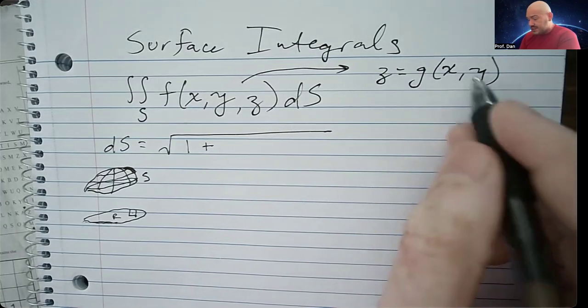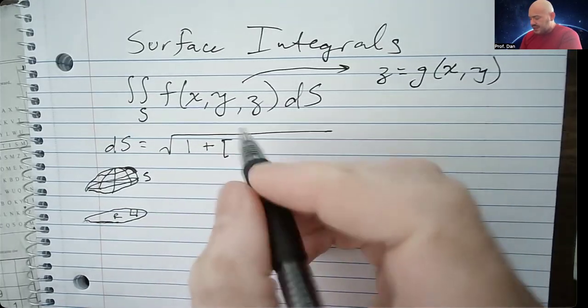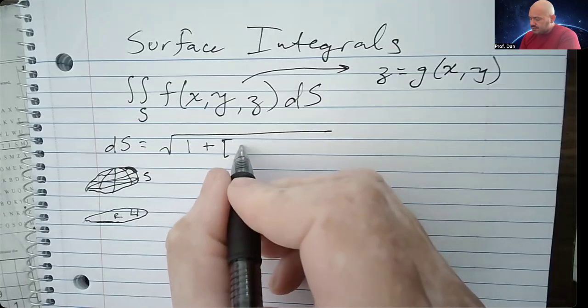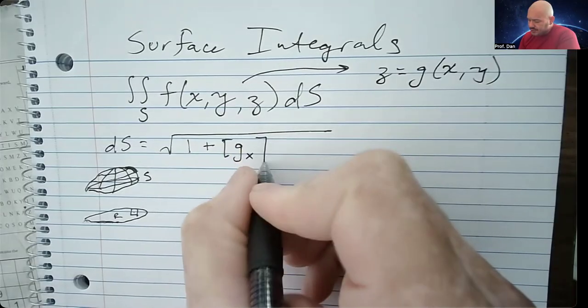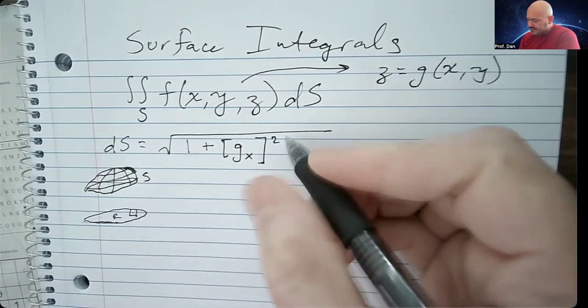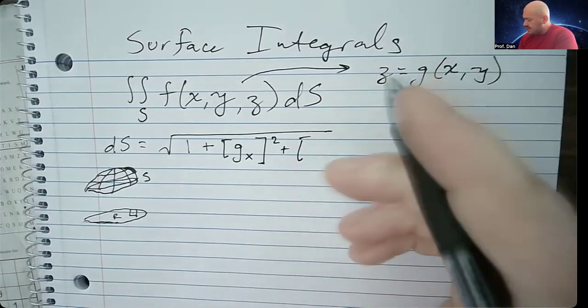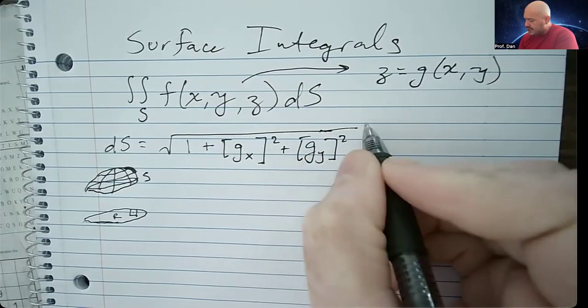This gives us this function g, and that's what we're going to differentiate to find this arc length. If I differentiate with respect to x, I get one thing, and if I differentiate with respect to y, I get another thing.